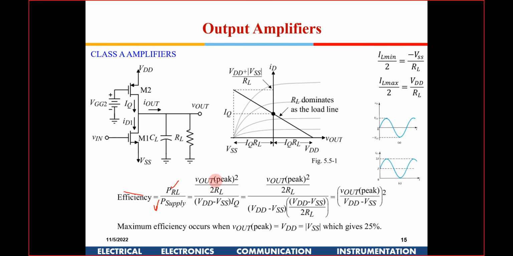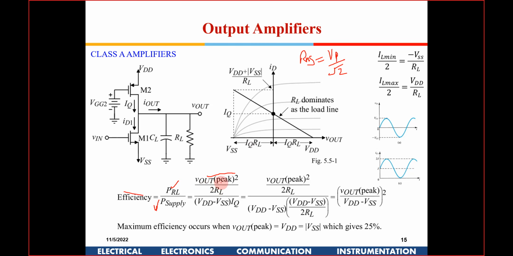Now power to the load is V out. What is the RMS voltage? V peak divided by root 2. Correct. So V square by R will be the power, right?